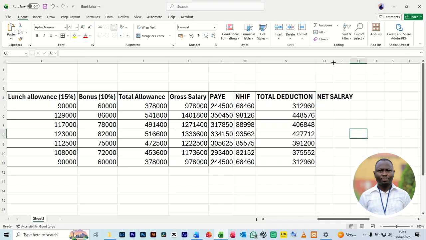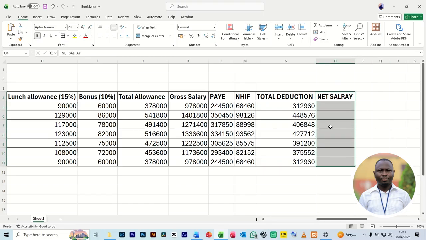Then we're going to put a table around our work, just like we've been doing, to keep our work neat and well organized. So we're going to say equal sign open bracket. We get our gross salary minus total deduction. We close the bracket, hit enter, and then we get our net salary.